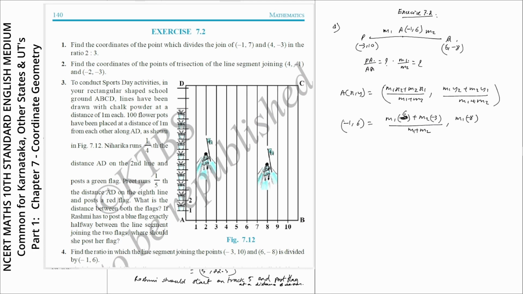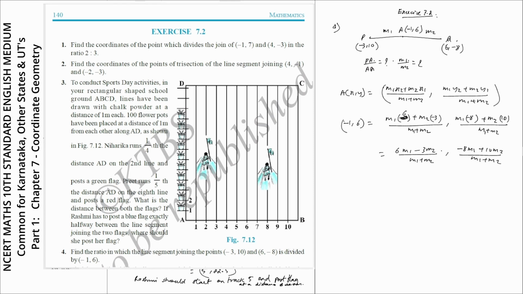Now here M1 into y2 is -8 plus M2 into y1 is 10, divided by M1 plus M2. So this is equal to 6M1 minus 3M2 by M1 plus M2, comma -8M1 plus 10M2 divided by M1 plus M2.